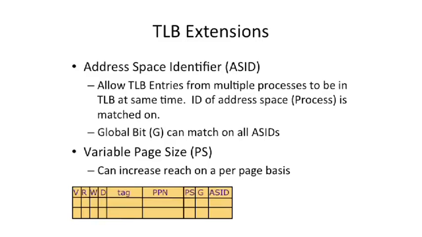So, a couple of extensions to the TLB. Something we haven't talked about up to this point is what happens when you have multiple processes running at the same time, or time multiplex between them. What do you have to do to the TLB? We talked about changing the page table base pointer when you change to a new process. Well, the TLB is a cache of the page table.